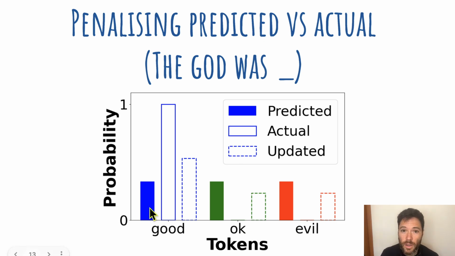So the model, when it made its prediction, was under-predicting the likelihood of good and it was over-predicting the likelihood of okay and evil. So what the optimization step does is it moves the model's probabilities so that its prediction of good on the next pass around will be increased towards where it should be, and its prediction of okay and evil will be decreased slightly towards where it should be as well.